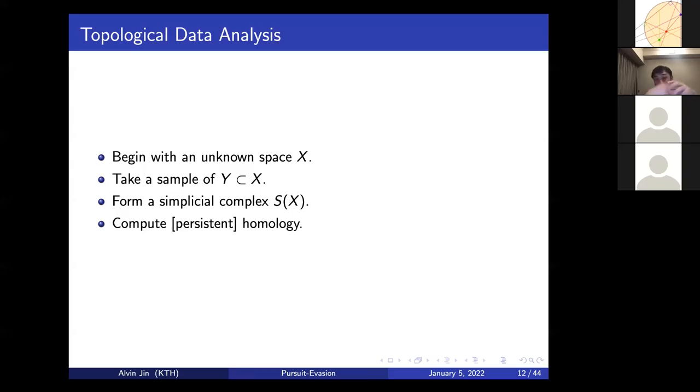You form the simplicial complex, and then you count the holes. And that's what we're going to do for this cops and robbers problem. We start with a space, we take our security guards, we form a simplicial complex based on what the security guards can see, and then we count the number of holes in the space that arises. So that's our strategy.